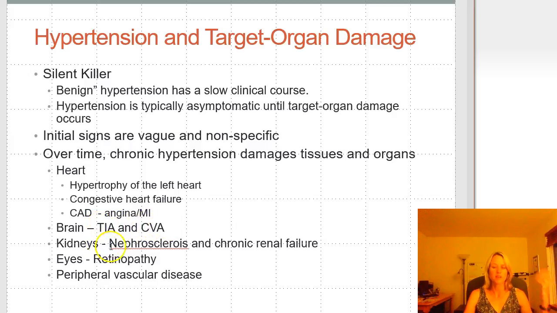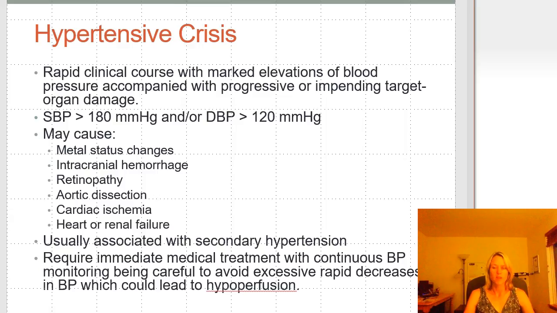In the kidneys, it can cause nephrosclerosis and chronic renal failure. In fact, hypertension is the second most common cause of kidney failure. Diabetes mellitus is the first. In the eyes, it can cause retinopathy and can also lead to vascular peripheral arterial disease.